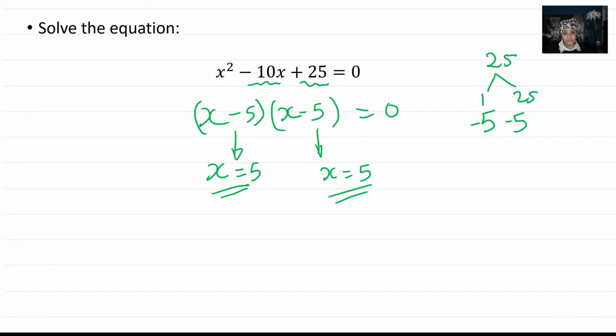If you were to draw this graph, where do you think it will bounce? It will bounce where x equals 5. It's not going to go into the negative y values, it's going to go to the x-axis where x equals 5 and bounce back. Now I will show you how to sketch quadratic equations if we have time next week or the week after.